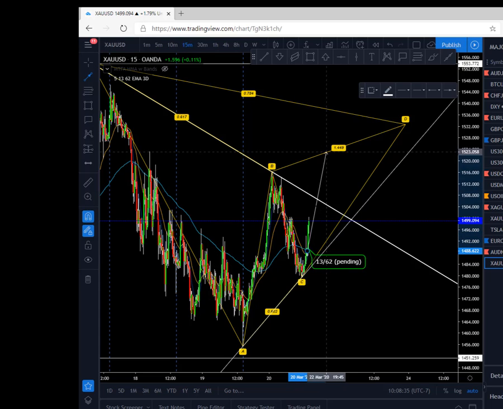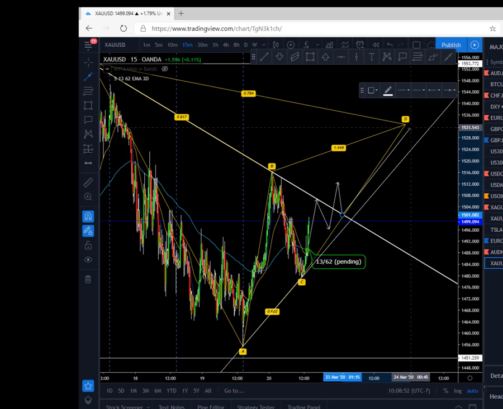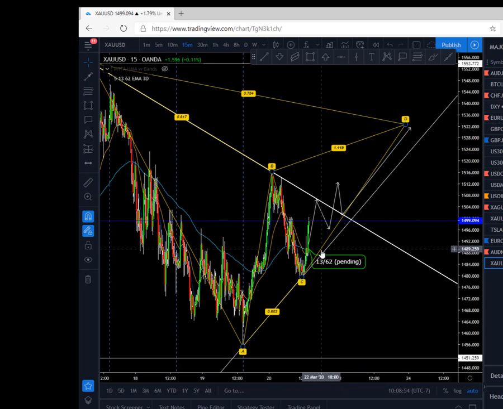So this could be the possible moves for gold. So this will be after the 13 and 62 cross.